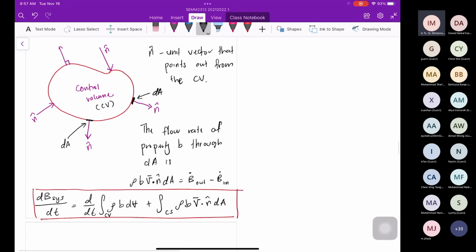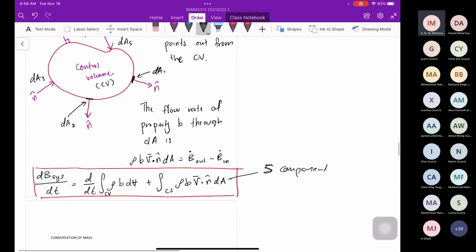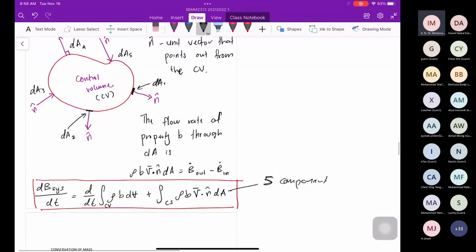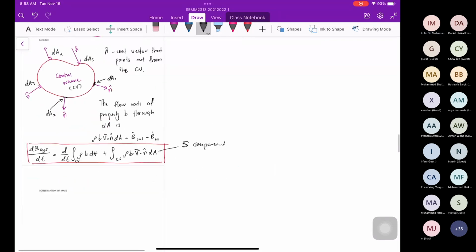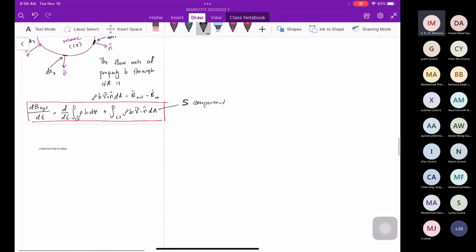If we have many areas, for example 1, 2, 3, 4, 5, so we will have 5 components, because this is dA1, dA2, dA3, dA4, dA5. Alright, you will have 5 components. However, the control volume term will be the same. Alright, this is only the general extensive property.